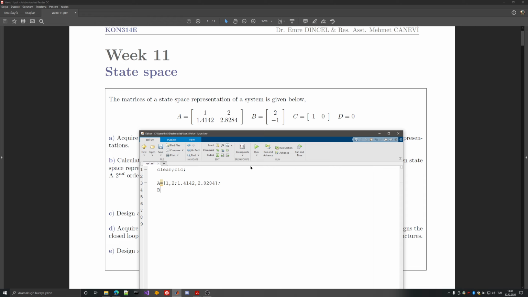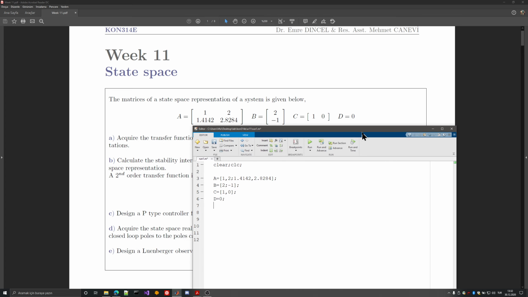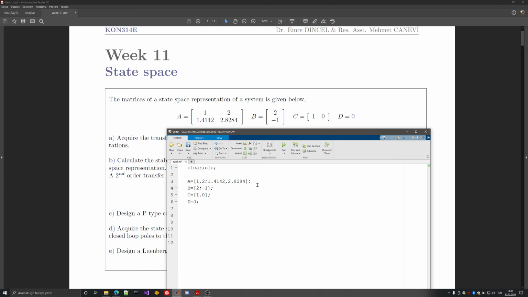And then we have B, which is 2 and minus 1, and then C, which is 1 and 0, and then D equals 0. Most of the time for the applications that we will consider, there will be no D term. The same reason why we don't have that many biproper transfer functions, because this is the direct term.